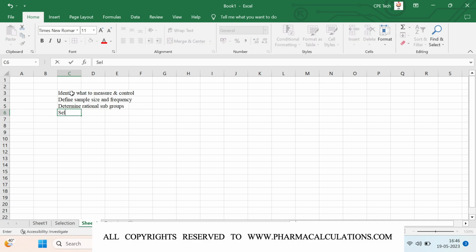The fourth one is select appropriate control chart, and the fifth one is take an initial set of data from the process and determine the control limits.